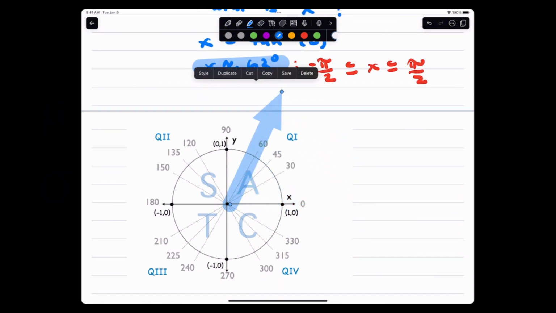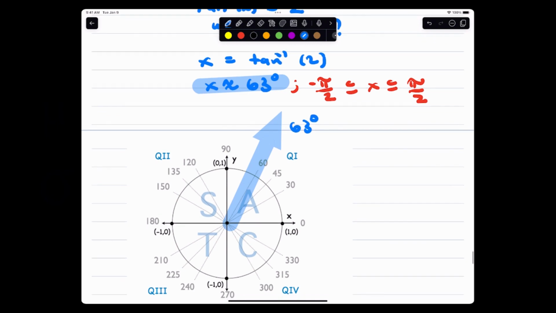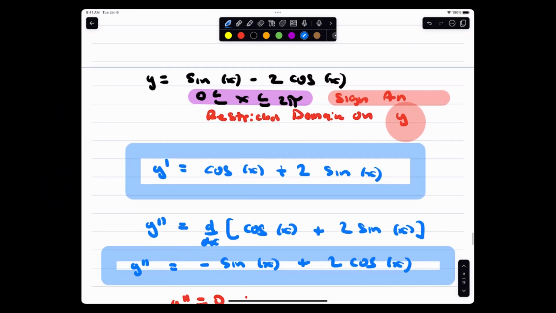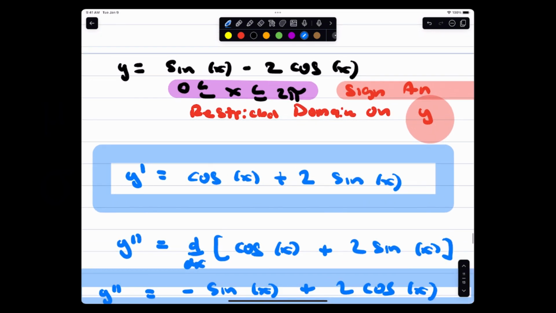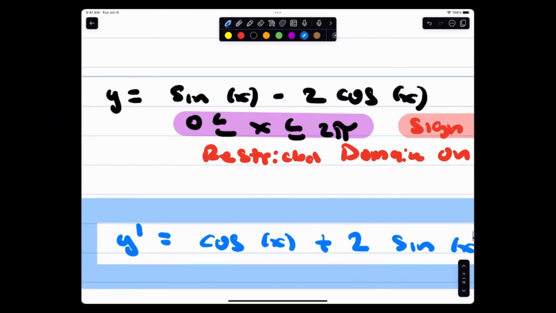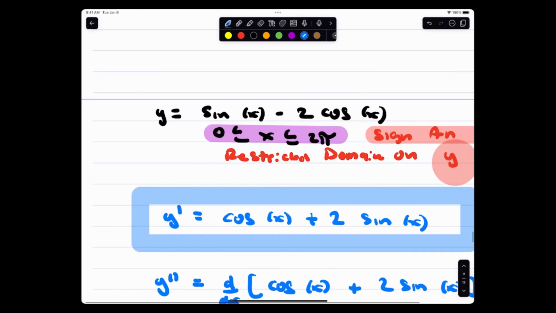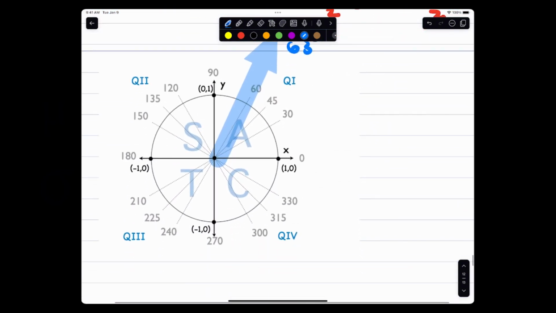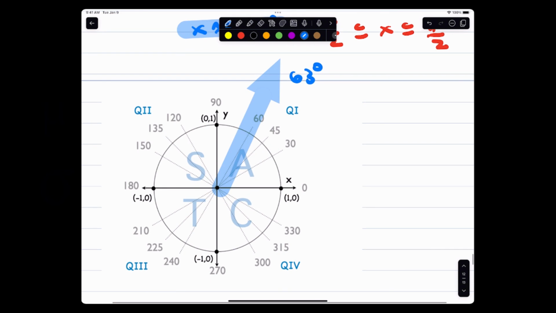So we already got that 63 degrees here. Where is the second angle? Because this is not restricted. This is 0 to 2 pi. It is restricted, but it's a different restriction. It's over the whole unit circle. So where is the second tangent angle going to be? Quadrant what? Anybody want to tell me for all students take calculus? Where's the second one?